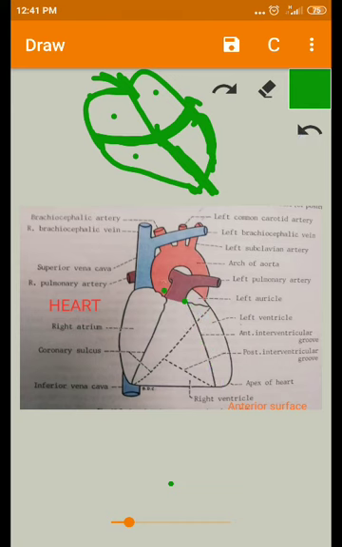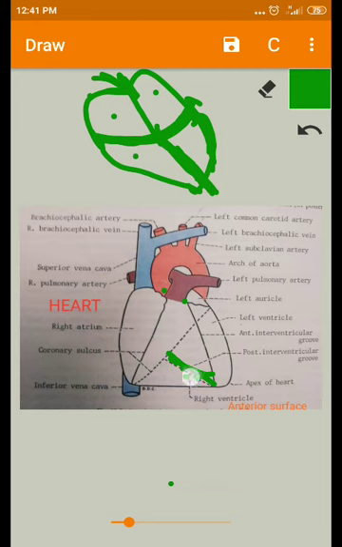Now, coming to the posterior interventricular groove, it is situated on the inferior surface. You can see the dotted line, placed like this. It is present on the inferior or diaphragmatic surface, and this groove is nearer to the right margin of the surface.